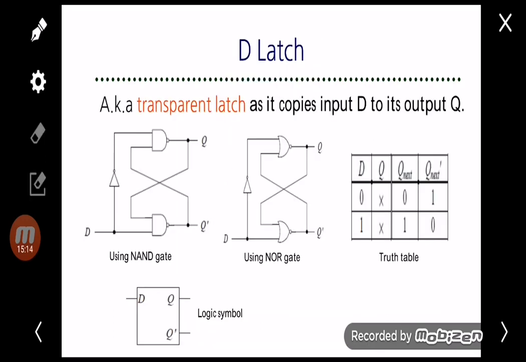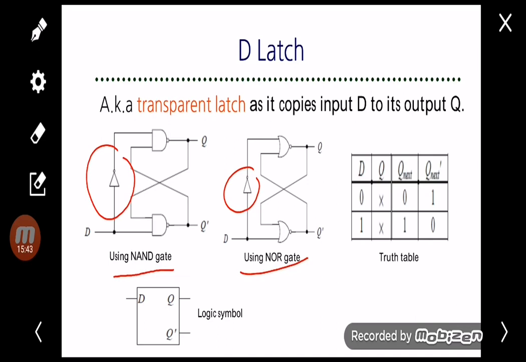Alright, another type of latch is the D-latch. We also call it a transparent latch, as it copies input D to its output Q. This is the circuit of the latch, and this one is using a NAND gate. To build the D-latch, we just put the inverter over here, and this one is using a NOR gate, we also just put the inverter and we get a D-latch.